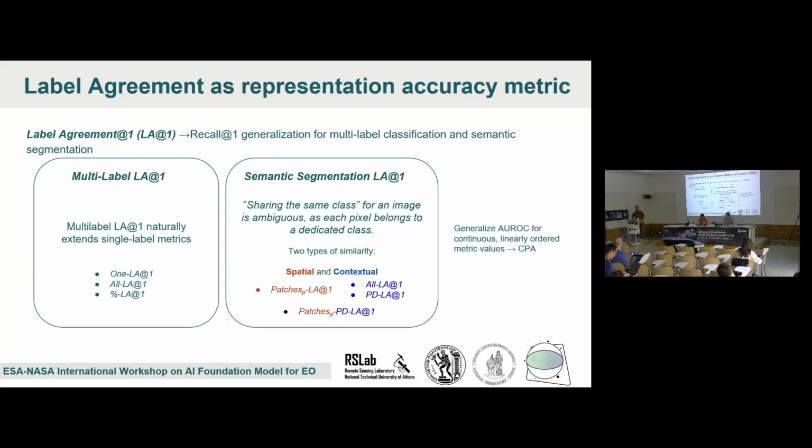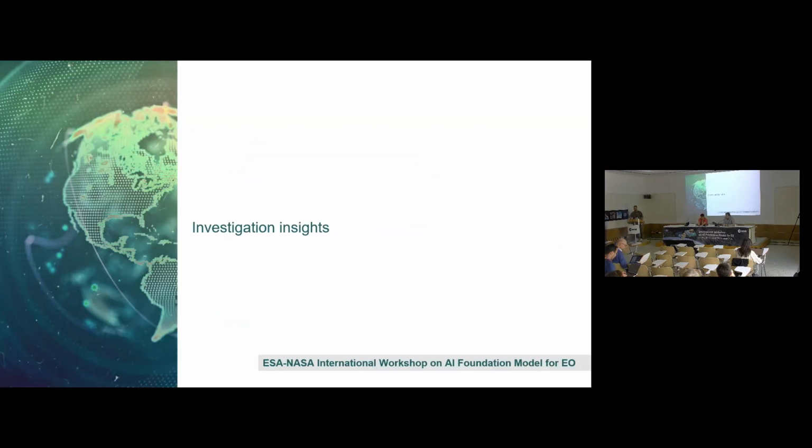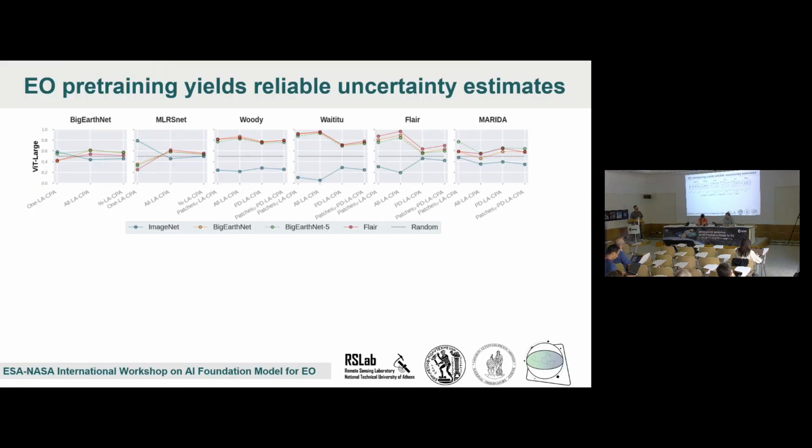In the contextual approach, these two samples are similar. So we create metrics that encapsulate both, either independently or combined. I will not bother you with the exact metrics because it's too much work, but you can look them up in our paper. So let's dig a bit into the investigation and what kind of insights we get.